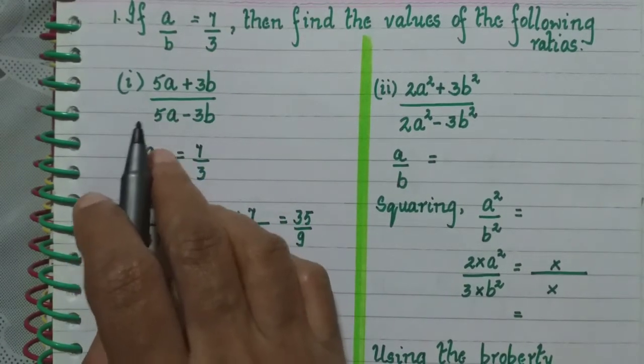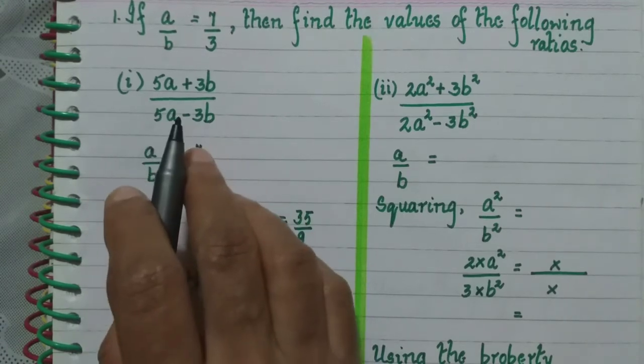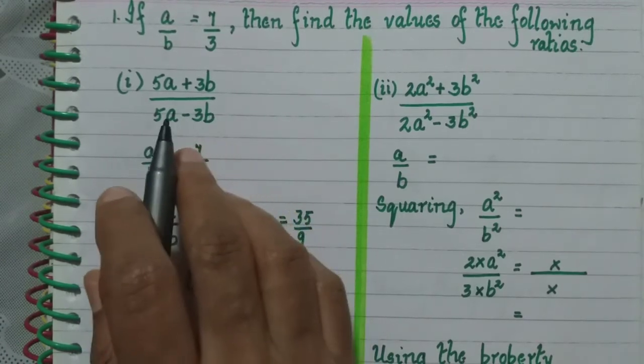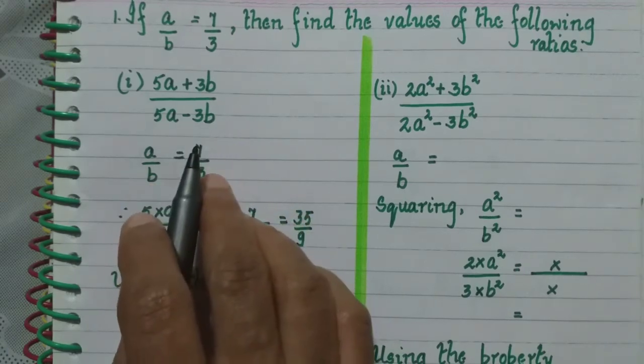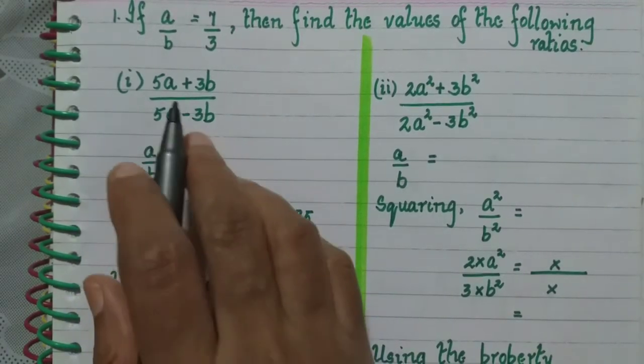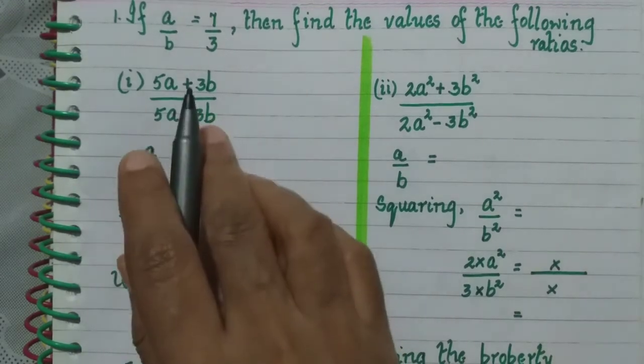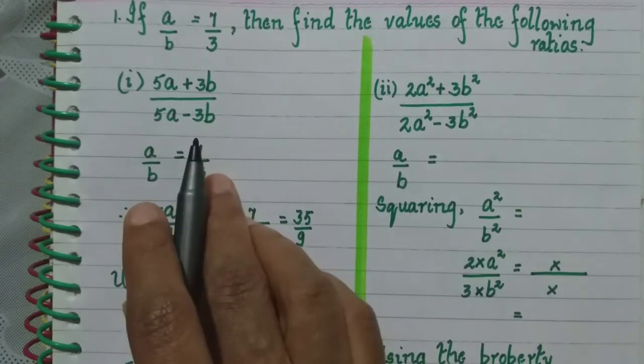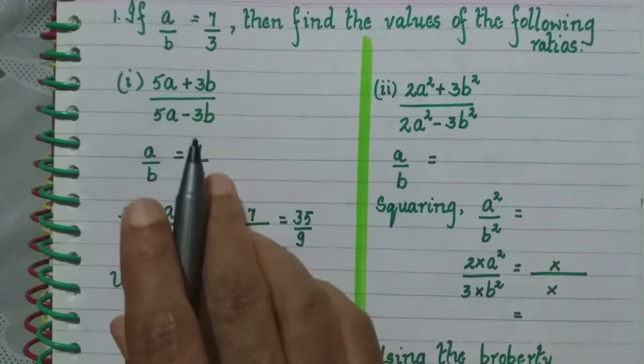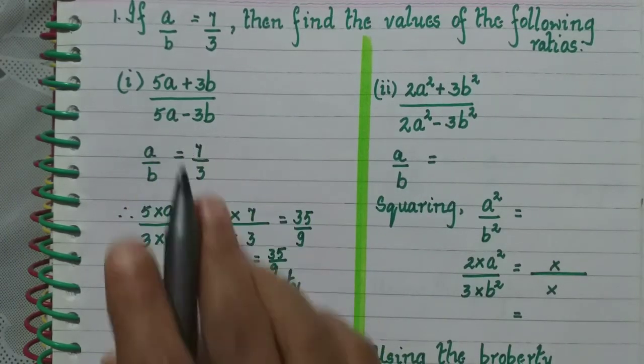Now the property which gives us the ratio in this form is componendo dividendo. If you remember, in componendo dividendo, the same terms are in the numerator and denominator. Only the sign in between changes: in the numerator it is plus and in the denominator it is minus.